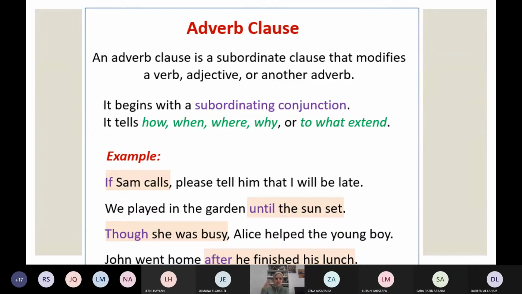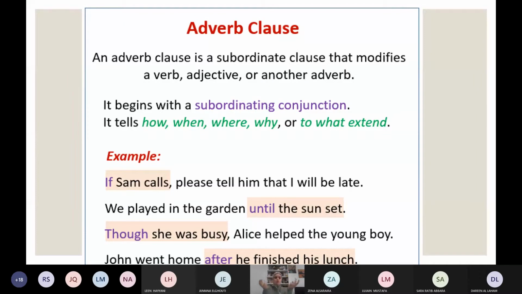What else modifies a verb, adjective, or another adverb? Adverbs, yes. So as we said, an adjective clause is like the adjective, it modifies a noun or a pronoun. An adverb clause is like an adverb. It modifies a verb, adjective, or another adverb.